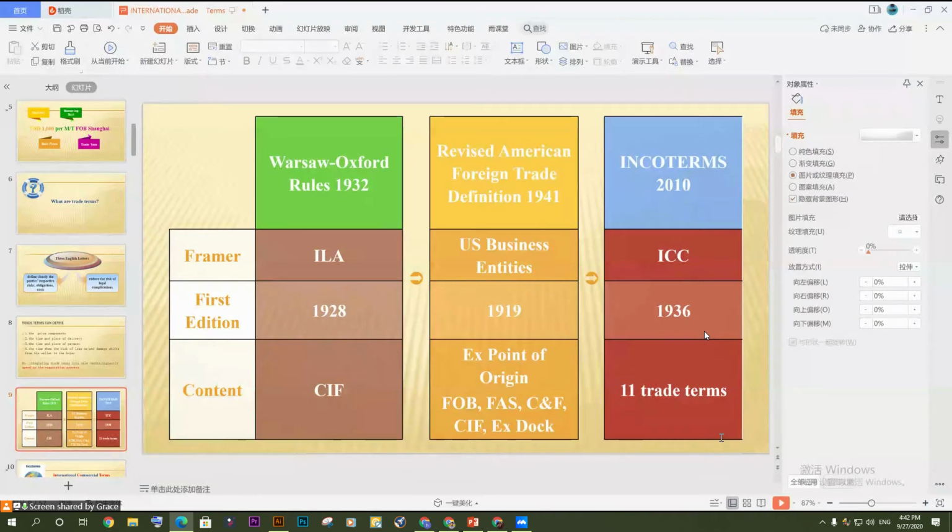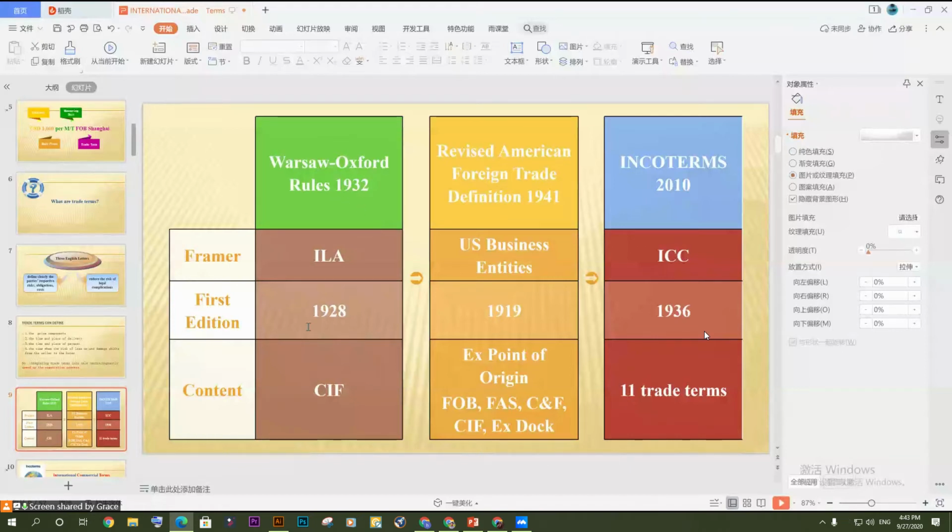And here, in these slides, you can look at the different international practices, which give us different definitions of the international trade terms. The first one, the green one here, is the Warsaw Oxford Rules, 1932.